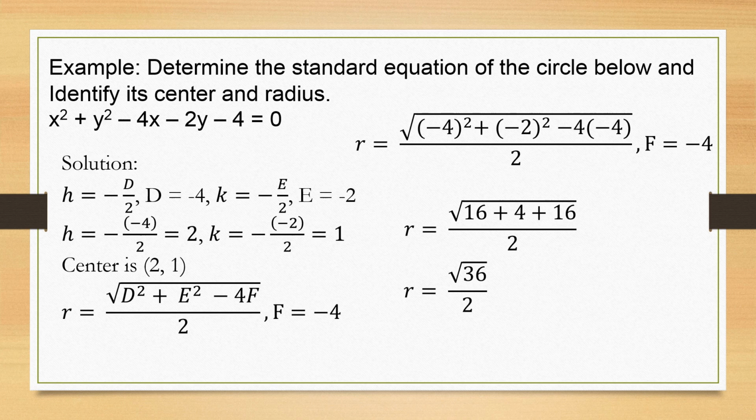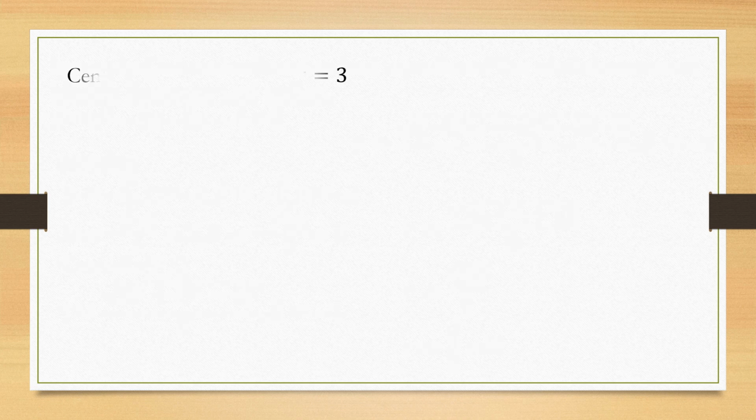We know that 36 is a perfect square number, so r is equal to 6 over 2, which is equal to 3. So we know that the center is (2, 1) and the radius r is equal to 3.